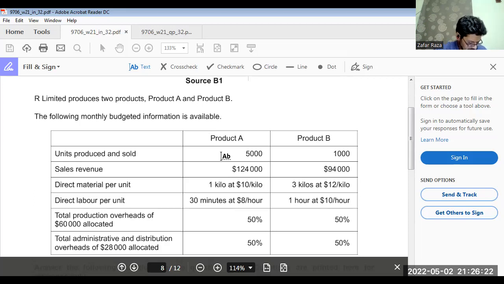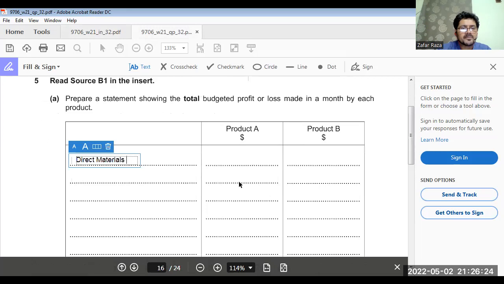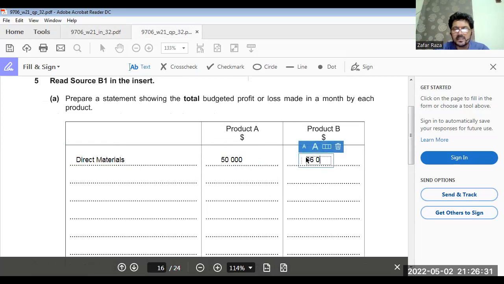So 36,000 for product B. So here we'll write 50,000 and here we'll write 36,000. Done?